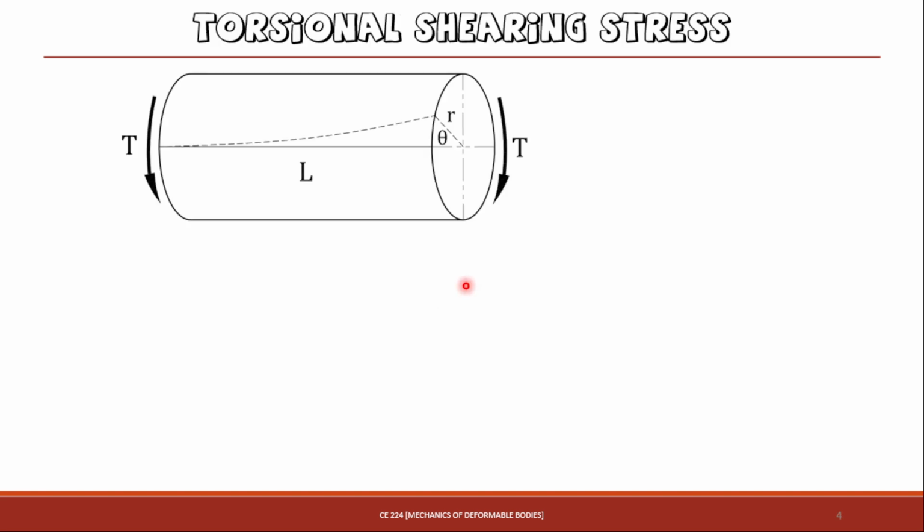So, let us go sa torsional shearing stress. So, to understand yung torsional shearing stress, let us take this bar. So, meron tayong radius, tsaka meron tayong length. Okay? It is circular, tapos it is subjected to a torque T. Now, to understand yung torsional shearing stress, let us imagine itong bar na ito to be composed of an infinite number of disks. Okay?